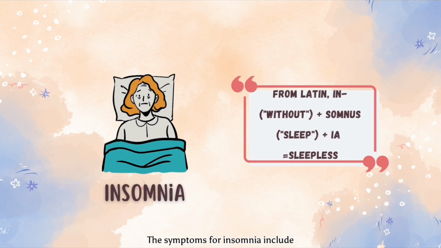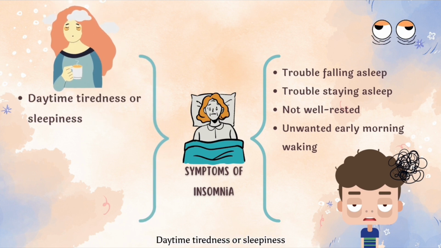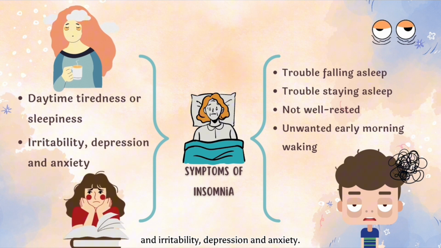The symptoms of insomnia include trouble falling and staying asleep at night, not feeling well rested even after a night's sleep, waking up too early, daytime tiredness or sleepiness, and irritability, depression, and anxiety.